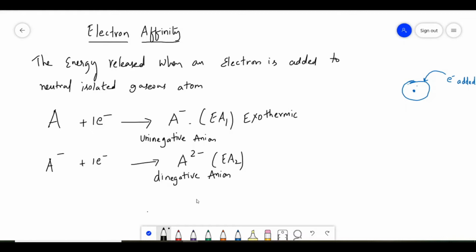Suppose you add one more electron, then it becomes electron affinity 3. So, one electron added, electron affinity 1. Second electron added, electron affinity 2. Third electron added, electron affinity 3.